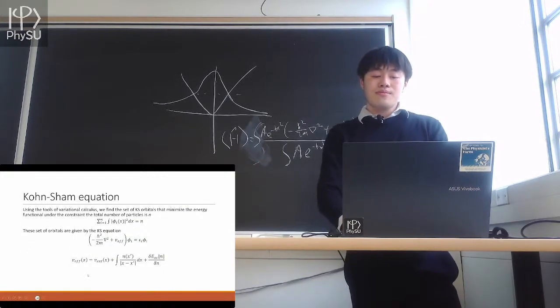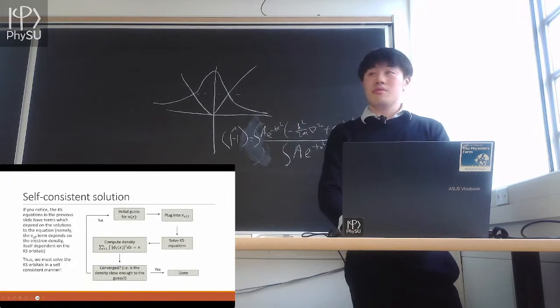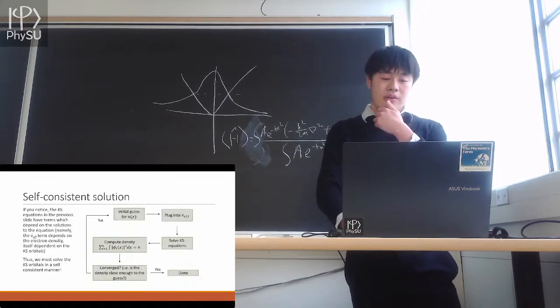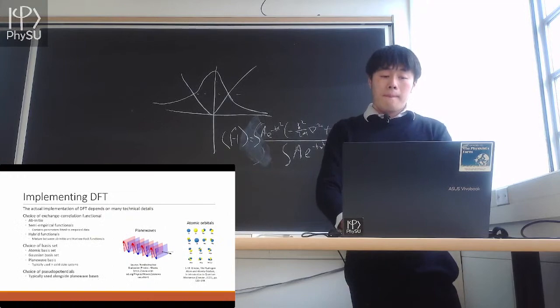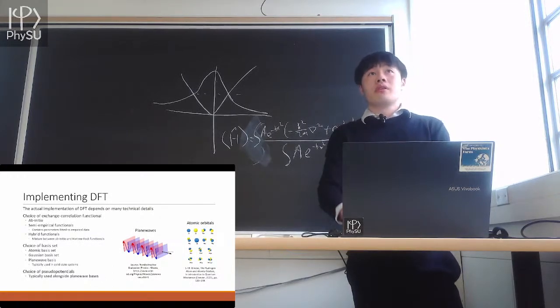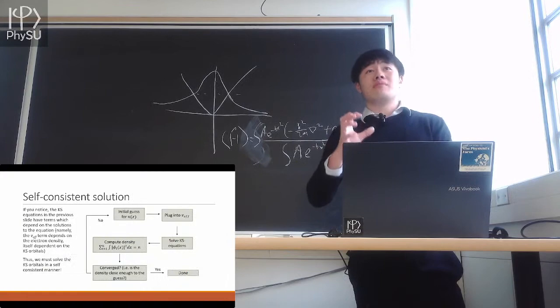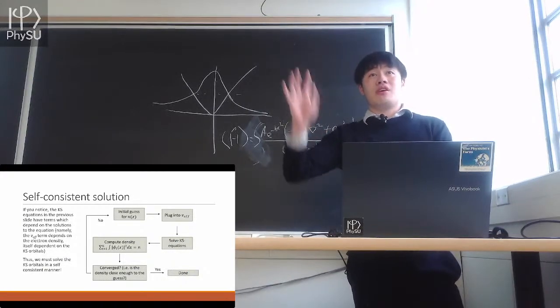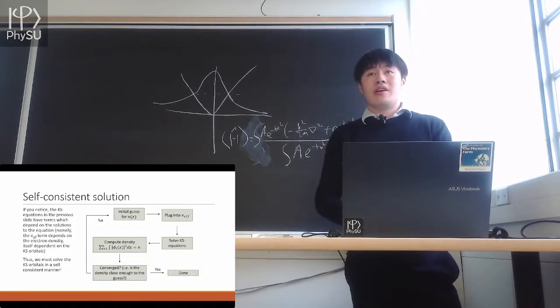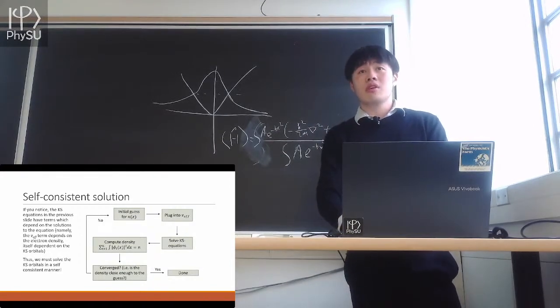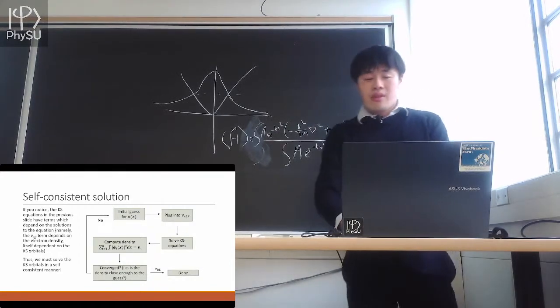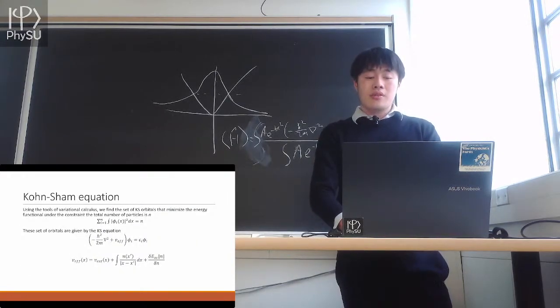So, where was I? I was talking about how, in principle, it's possible to solve for all the excited states, but no one really knows how to actually solve for the excited states of the system. So what's actually done is you take these Kohn-Sham orbitals.